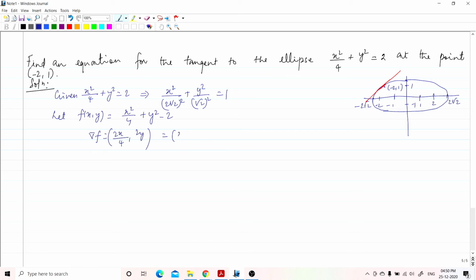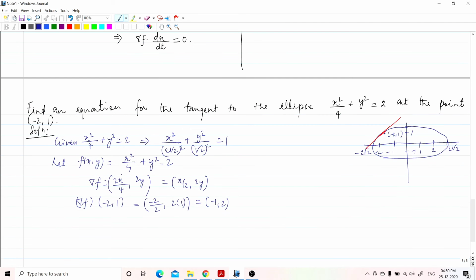So this is simply x upon 2 comma 2y. Is this clear? Yes, sir. And evaluate your gradient at the point minus 2 comma 1. So if you evaluate, you are going to have minus 2 upon 2 comma 2 times 1, which is minus 1 comma 2. You have found your gradient.